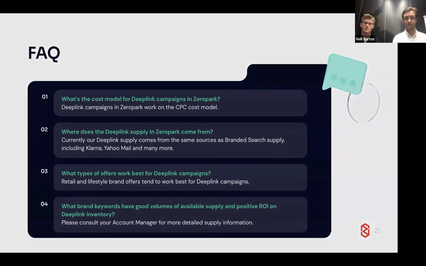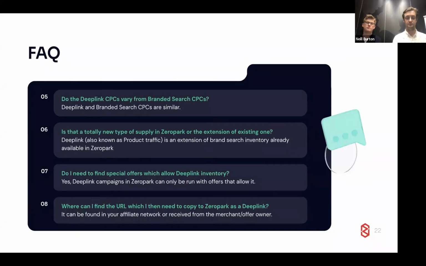So do the Deeplink CPCs vary from branded search CPCs? It depends, but I'd say they're quite similar. Once we have the branded search campaign and we see the performance is really good, I would say use the same CPCs and monitor your win ratio, because it's also a very important aspect.